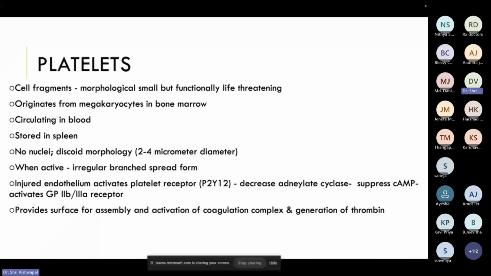So a decrease in platelets is called thrombocytopenia, which causes bleeding, and an increase in platelets is called thrombocythemia, which causes clotting. We don't see many cases of thrombocythemia, but thrombocytopenia, I guess, is a major topic which we have to discuss. As a clinical pharmacist, there are a lot of drugs which cause thrombocytopenia.